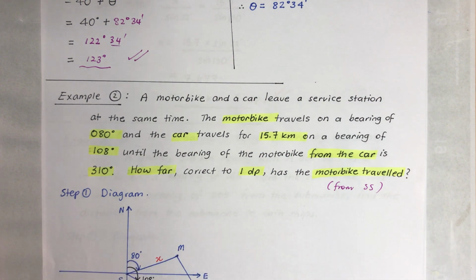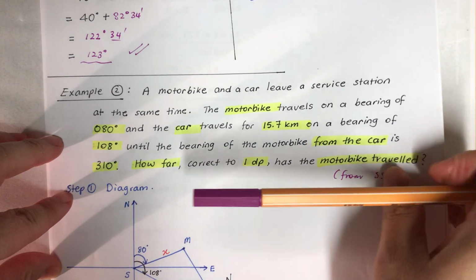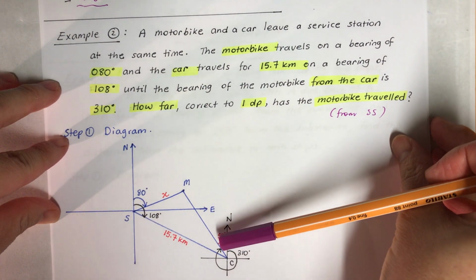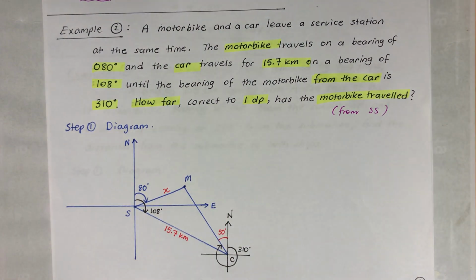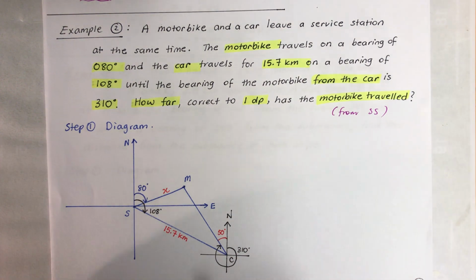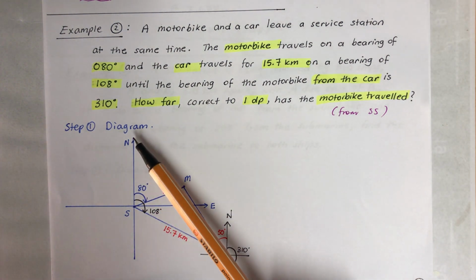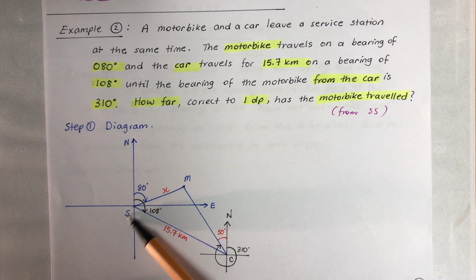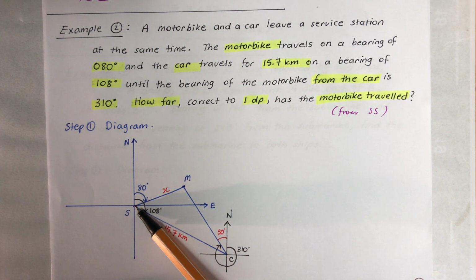Okay, of course, the most important thing before we start anything else, step 1, is the diagram. So this is the diagram already prepared for you. It's like a cooking show, isn't it? So the diagram is here, and north, and that's the service station, and both of them started together.